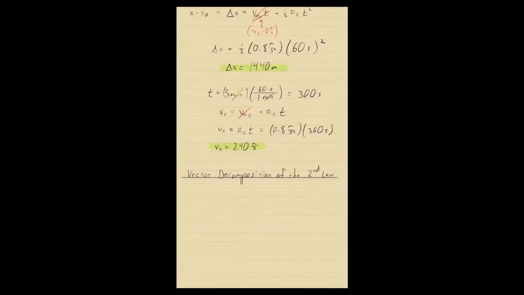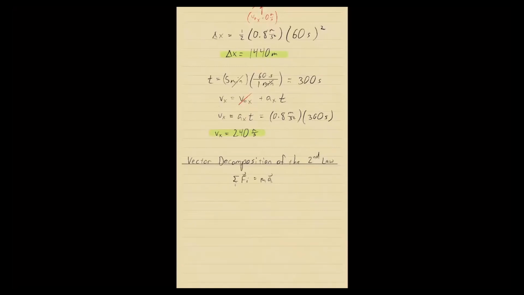So we start with Newton's second law, which is that when you add all the forces together that are acting on an object, it's going to be equal to the mass times the net acceleration of the object. But really, since this is a vector equation, these forces in general, for working in 2D, will have an x component and a y component.